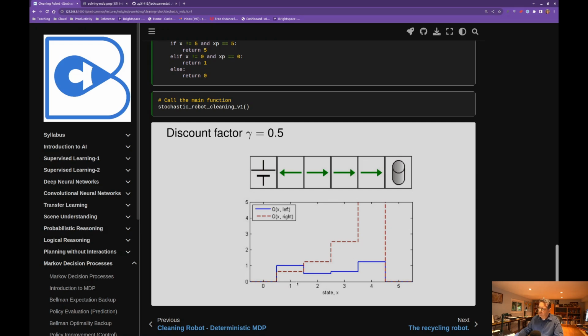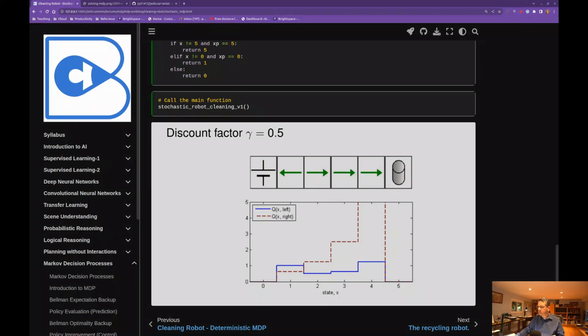So we are using the well-known by now Bellman expectation backups and the associated iterative way of solving for the Q function. We have plotted over here the blue and the dashed red lines.